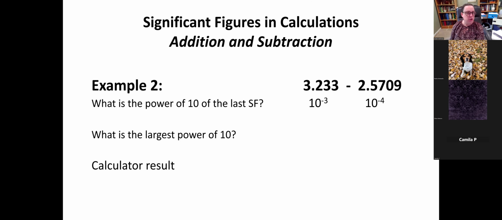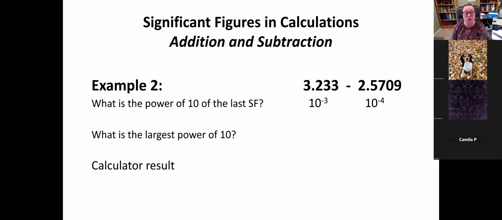I hesitate to use how many decimal places because our last significant figure is not always somewhere on the decimal side of things. It might be in the ones place or the tens place or the thousands place. It isn't always in a decimal place. So that's why I always start us out by thinking about the position of it. Where is it? We're going to do lots of things with lots of decimal places in them. That'll be common.